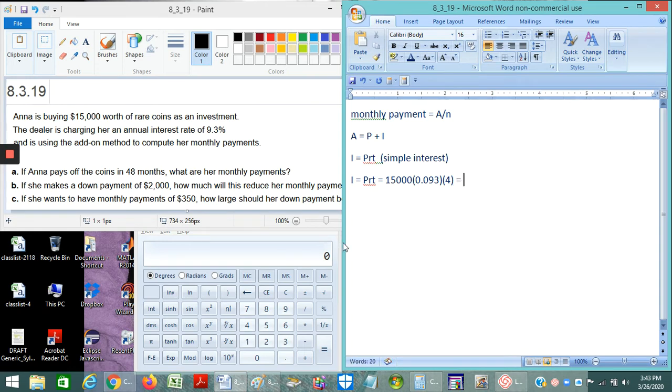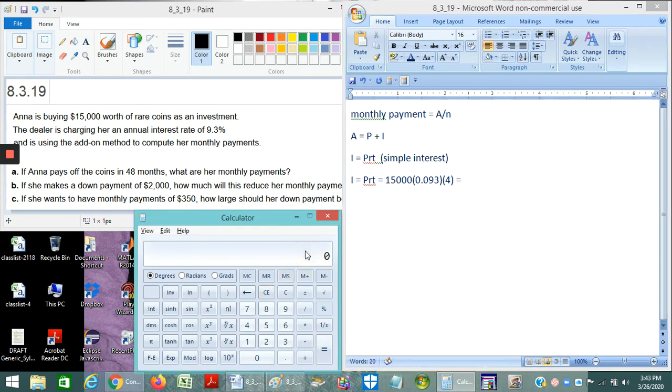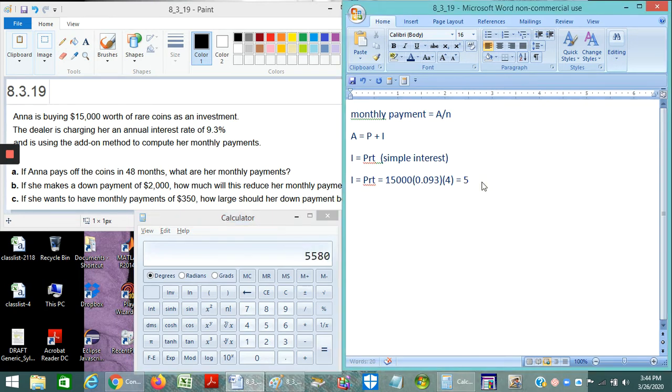So using our calculator, we have 15,000 times 0.093 times 4. And it seems as though she's paying $5,580 in interest, right? So this is dollars. Now, that's the amount of interest that they're charging her to borrow the $15,000 for the coins, right?